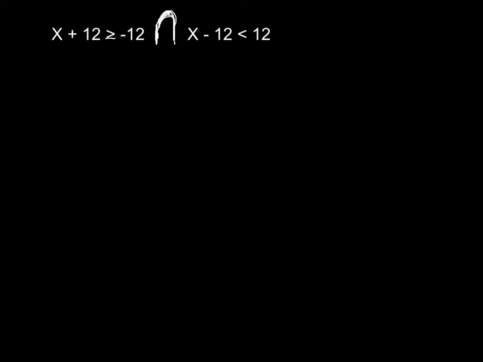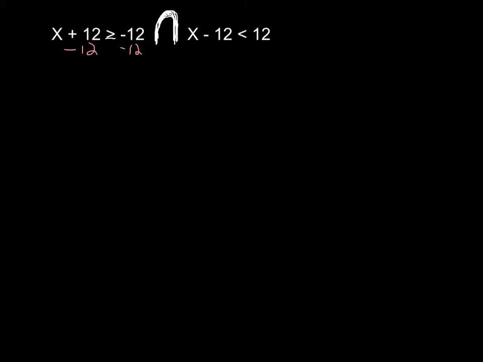For these ones, we're going to have to do a little math on each side in order to get x by itself. We don't have to do it all the way across the intersection. We have to treat each side independently. So to get x by itself on this side, we have to subtract 12 from both sides.